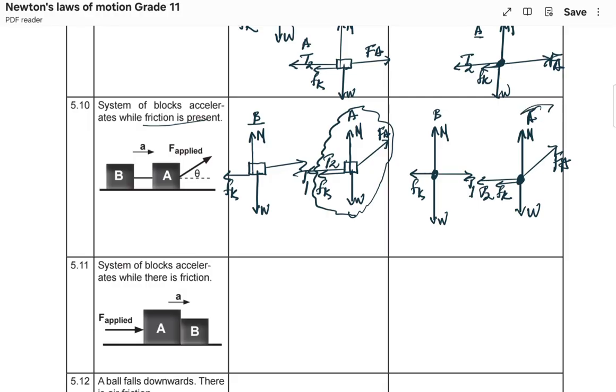Then we can have components of this free body diagram. There's also component for that one.